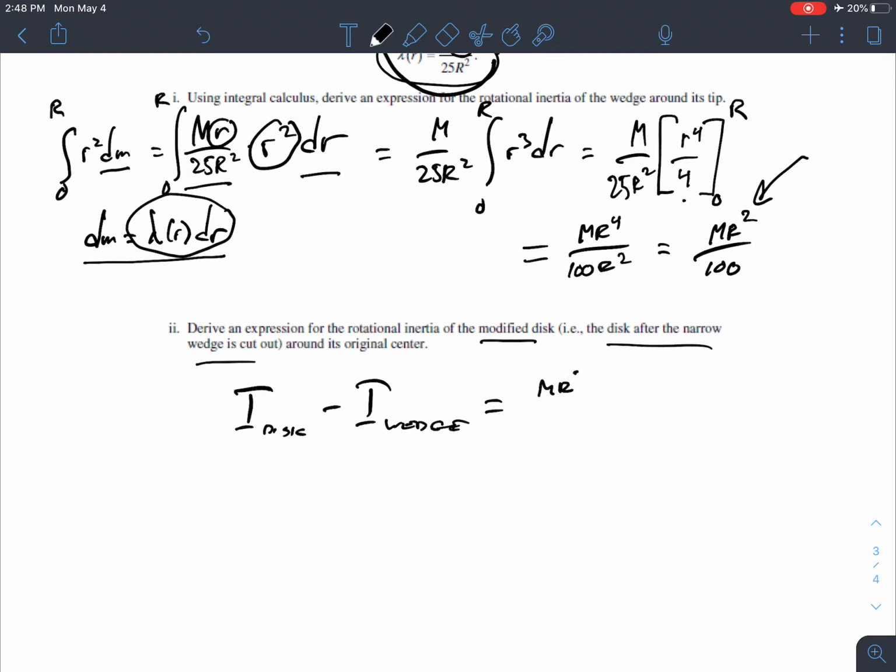We just have to subtract that out. So I have MR squared over 2 minus MR squared over 100. Like with calculus, there's no need for you to simplify this, but if you wanted to, the common denominator would be 100, so multiplying by 50.